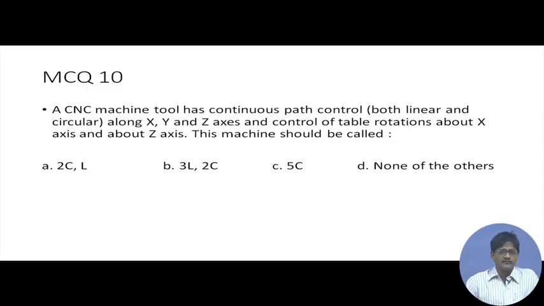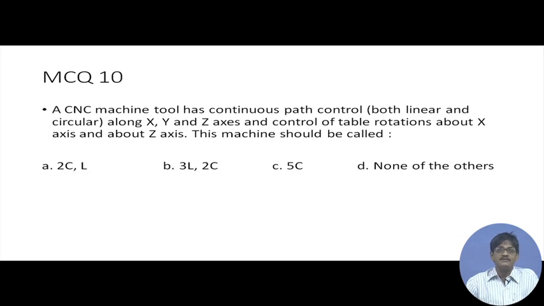So, from that judgment A is out. Then we are saying 3L comma 2C, but why 3L? It specifically mentioned that x, y, z they are supposed to have continuous path control, both linear and circular. So, B is out. C, 5C seems to be possible because x, y, z they are contributing to 3C.